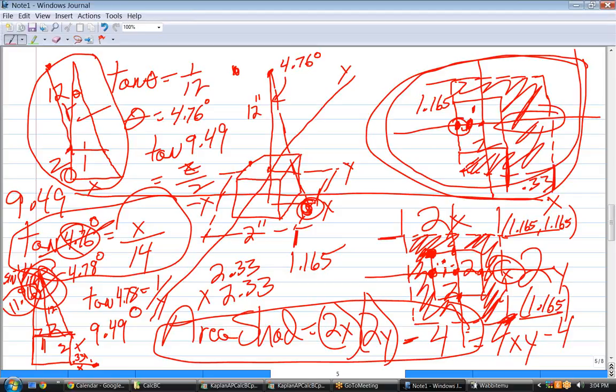And I was thinking that I could define x as a measurement of theta, and if I could define y as a measurement of theta, then I could make my area of the shadow function strictly a measurement of theta, and I would be fine. I could take the derivative of it, measure what theta gives you the zero tangent line, the zero derivative.